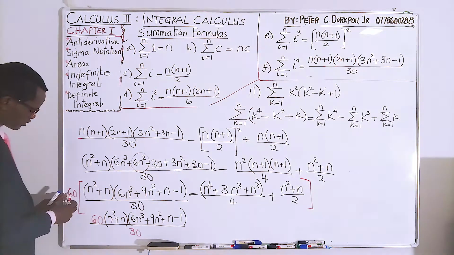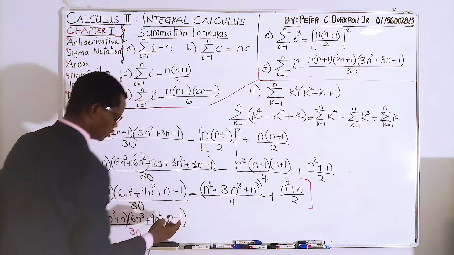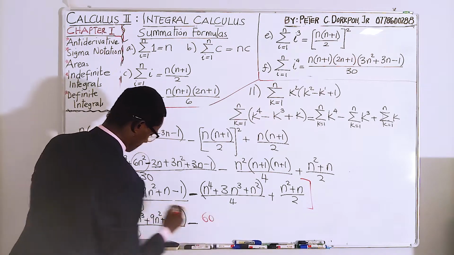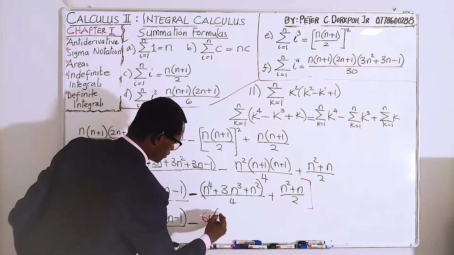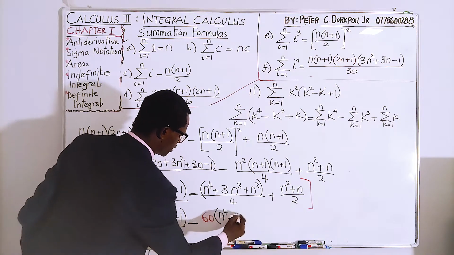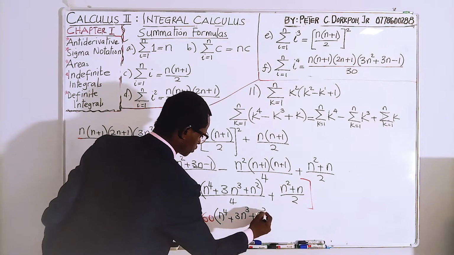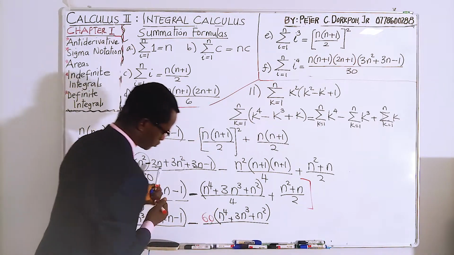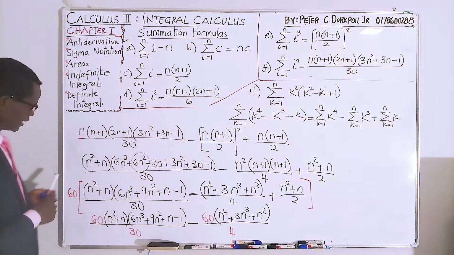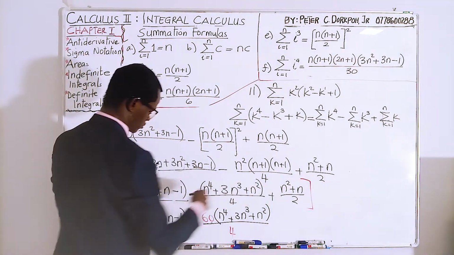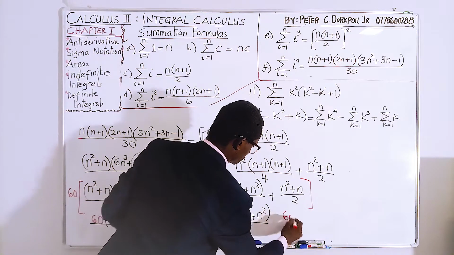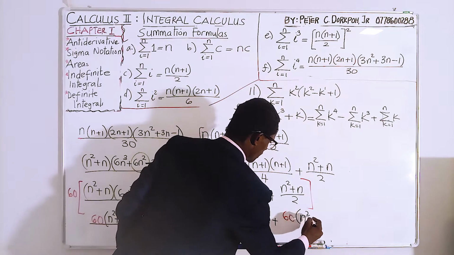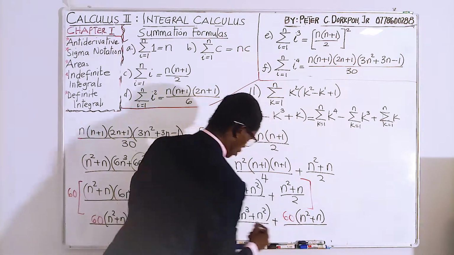Then we move to the second fraction, 60 times the second fraction. You put the 60 outside. Then here you have n to the fourth plus 3n cubed plus n squared, all divided by 4. Then lastly, we say 60 times the last fraction, 60 times n squared plus n all over 2.